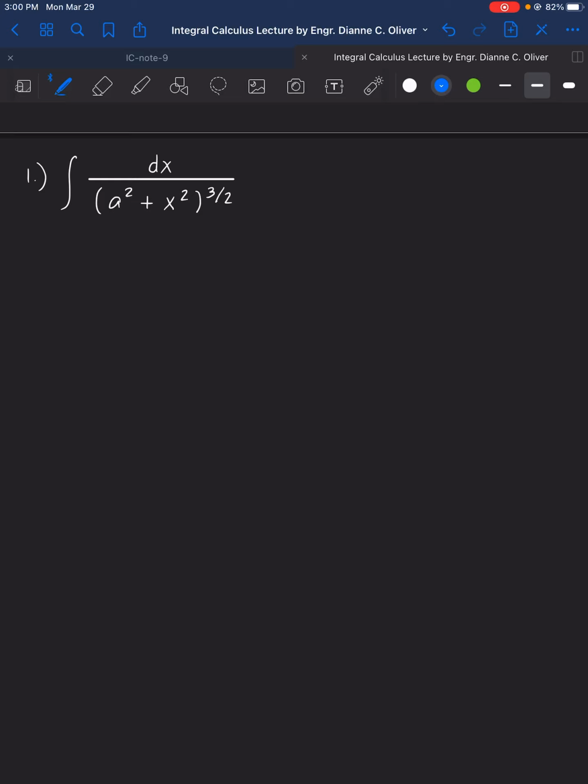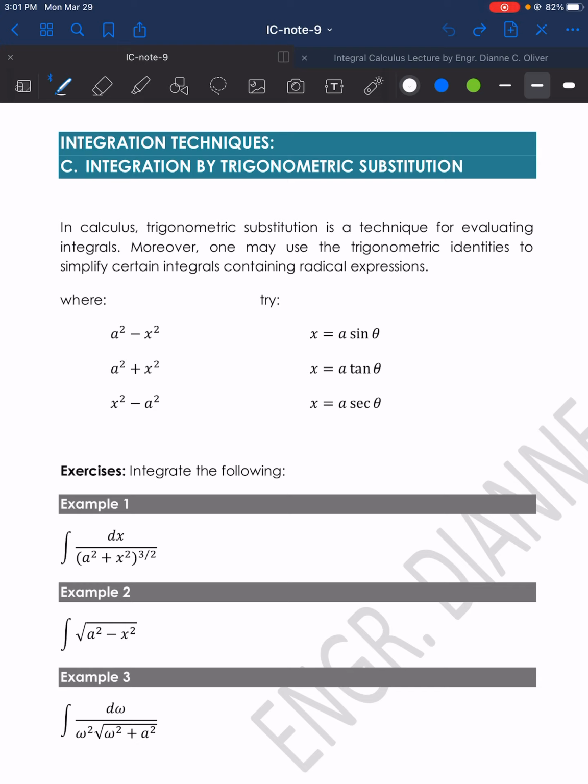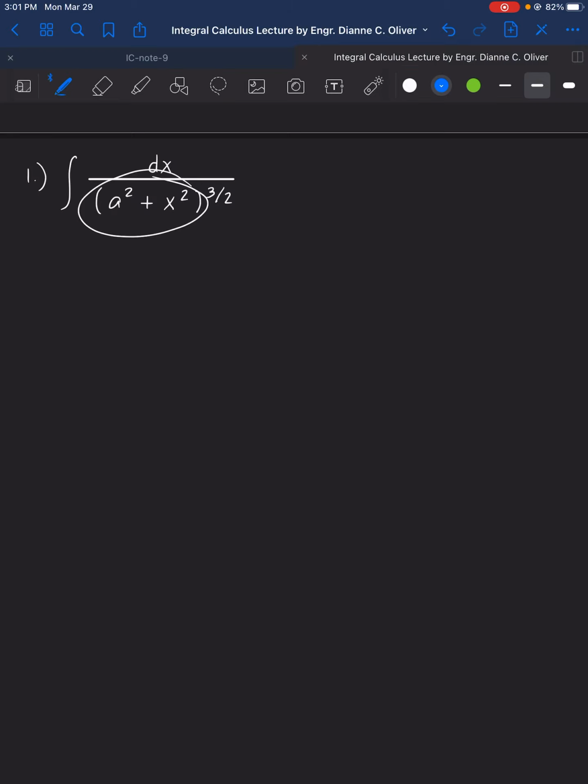Now, since we have here a squared plus x squared, from our note, that means we will try x is equal to a tangent theta.